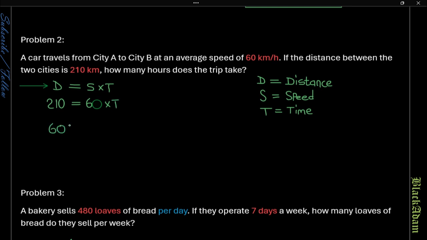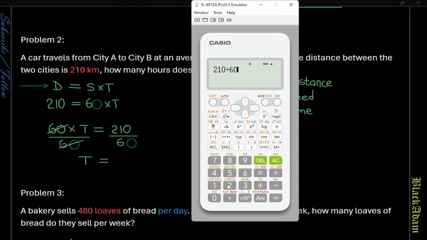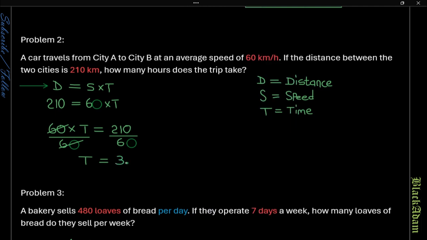So 60 times t is equals to 210, and then divide both sides by 60. We have t is equals to 210 divided by 60. Using a calculator, that gives us 3.5. So that's going to take 3.5 hours. That's our answer for number 2.